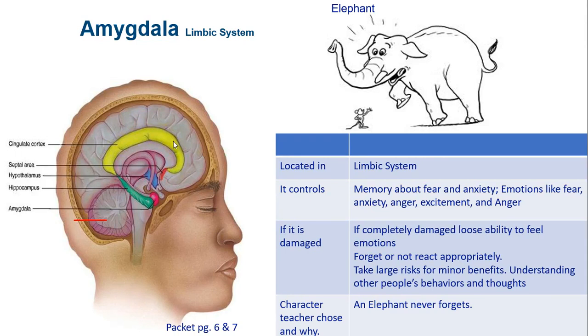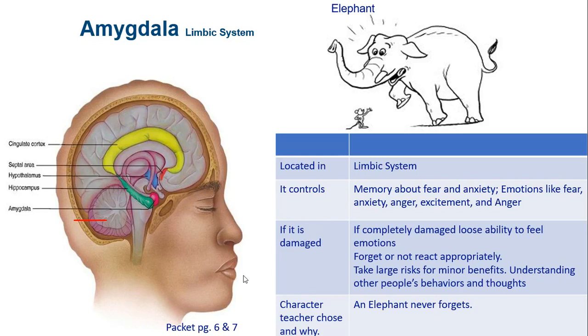In your limbic system, the first part that I want to talk about is the amygdala. Your amygdala is this little reddish almond shaped sort of ganglion. And your amygdala helps you with emotions, specifically strong emotions like excitement, fear, anger, anxiety, and memories about fear and anxiety.